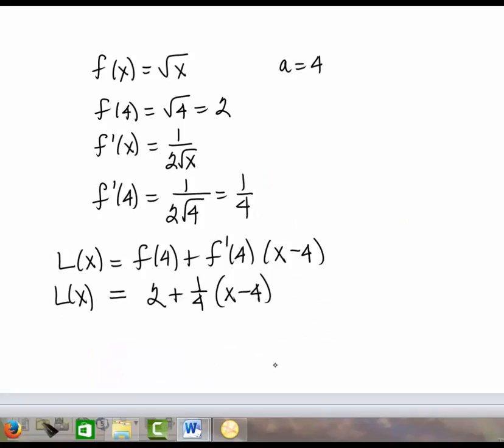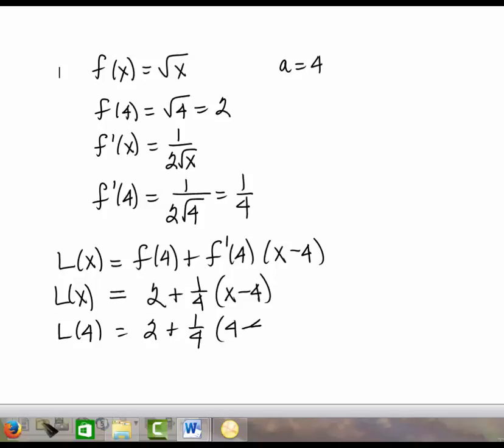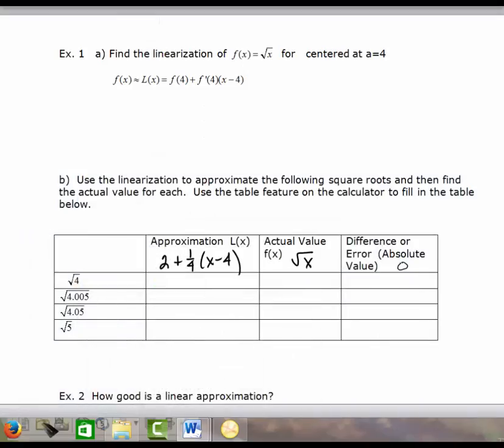So if I go back to the scratch paper to find L of 4, it's 2 plus 1/4 times 4 minus 4, this is 0, so I would get 2. So the square root of 4, when I approximate it using the linearization, I get 2. And the actual value of the square root of 4 is 2. So here my error is 0.